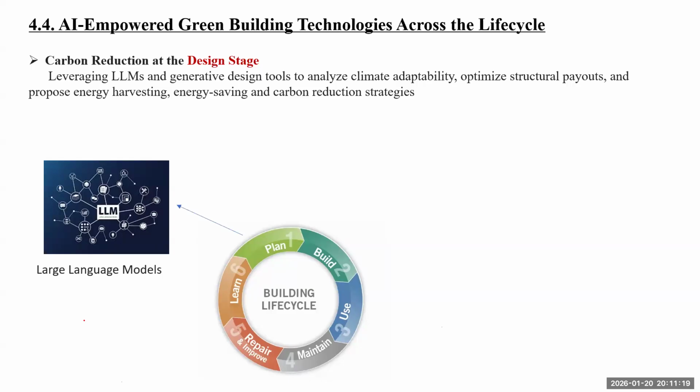We can use large language models and generative design tools to analyze climate change, climate adaptability, and microclimate to optimize structural layouts and propose energy harvesting, energy saving, and carbon reduction strategies, leveraging the LLMs, the large language models, to analyze adaptivity and propose solutions.